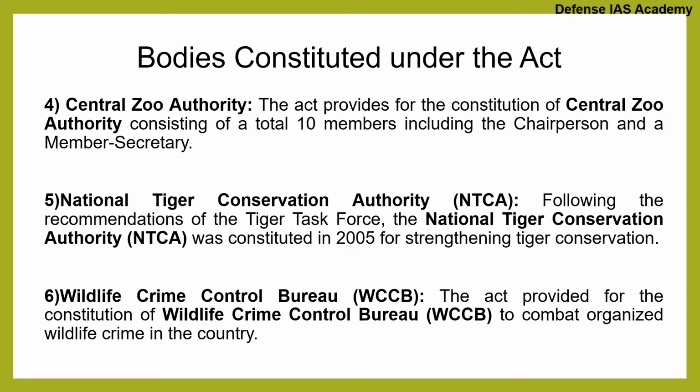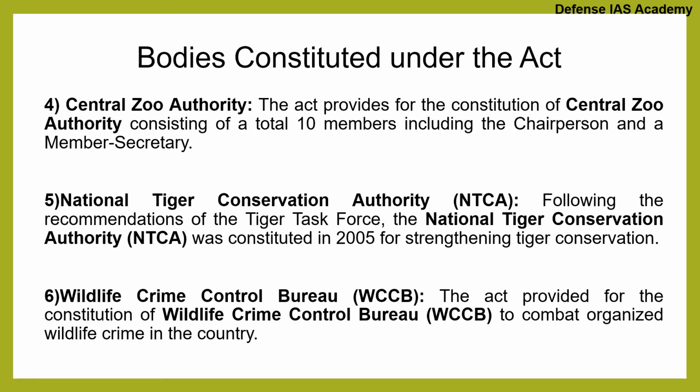Then it has a provision to establish a centralized wildlife crime data bank. Then it can assist the state governments to ensure success in the prosecutions related to wildlife crimes.